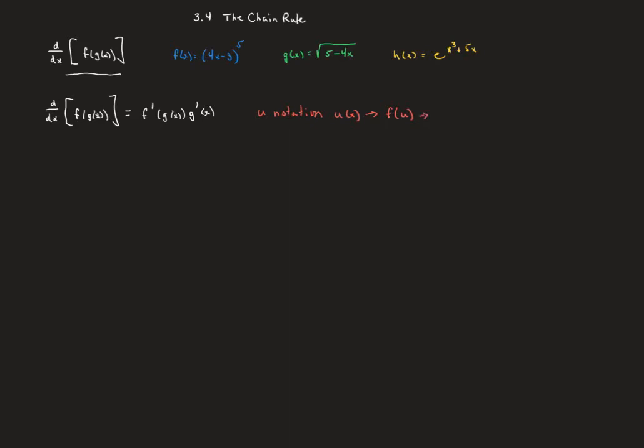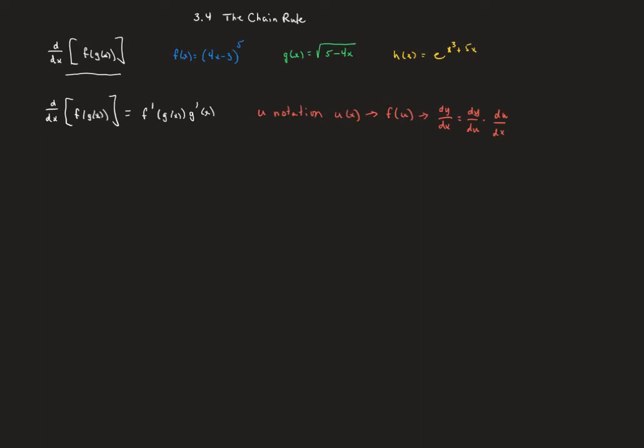Now, we use our Leibniz notation here, and we say the derivative of y with respect to x is going to be first the derivative of y with respect to u times the derivative of u with respect to x.